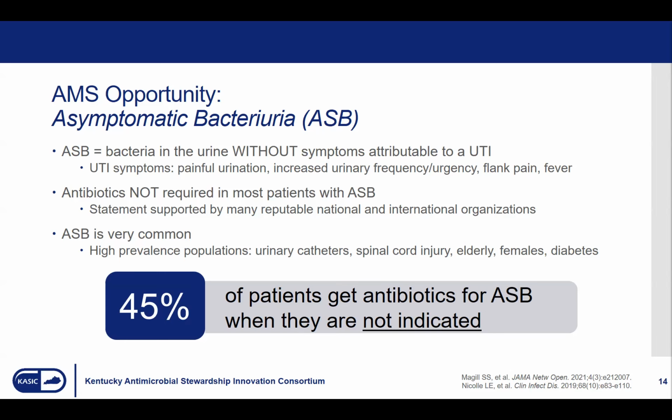Spinal cord injury patients, elderly females, and patients with diabetes are also more likely to have ASB to begin with. And despite the strong evidence that ASB does not require treatment, 45% of the patients that have ASB do get antibiotics.